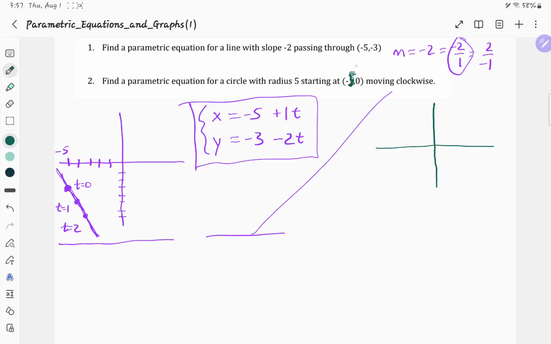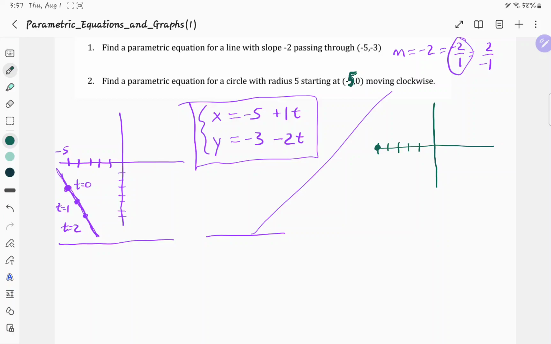All right, so I'm going to go ahead and modify that a little bit. So that is a -5. So we're going to start at -5 over here. And it's a circle, right? And that circle is going to go clockwise.